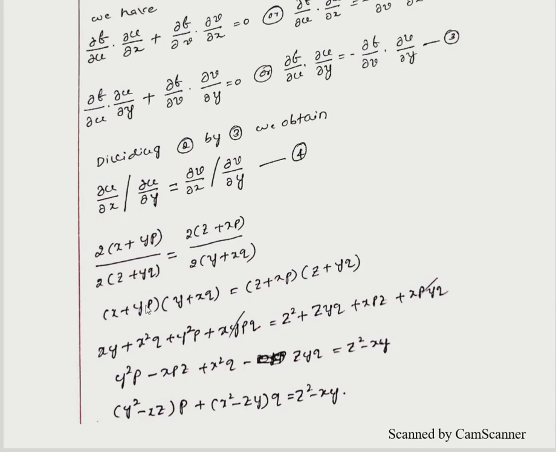Next multiply with y: y into y is y square into p, plus yp or xy pq, that is equal to z into z is z square plus zyq, plus multiply with xp z, plus x into p yz. The same term xy pq gets cancelled.